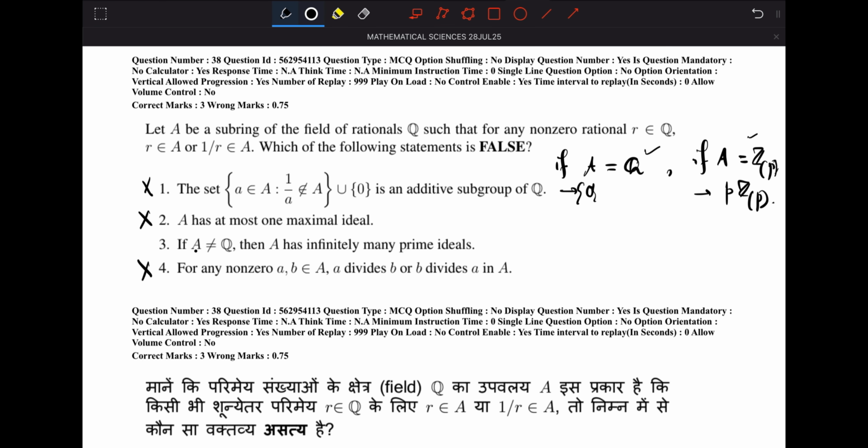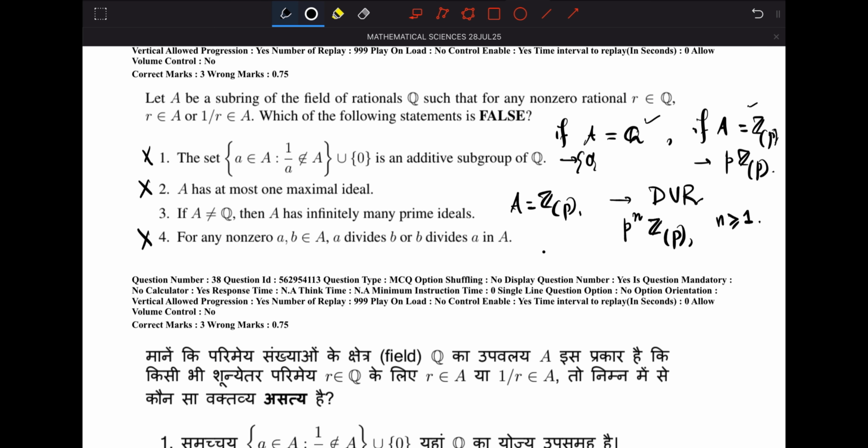Now let us check option 3. As A is not equal to Q, that means A is equal to Z localized at p for some prime p. And this is a DVR, by the way. So that means every non-zero ideal looks like p to the power n Zp, n greater than or equal to 1, and the zero ideal.